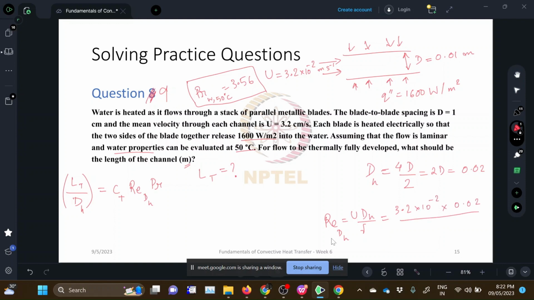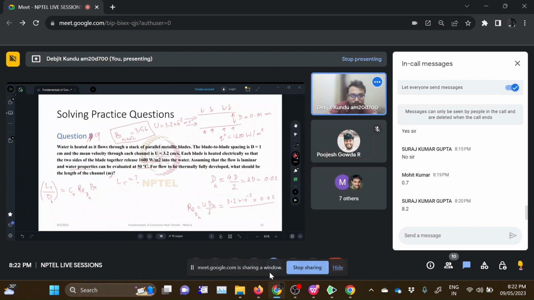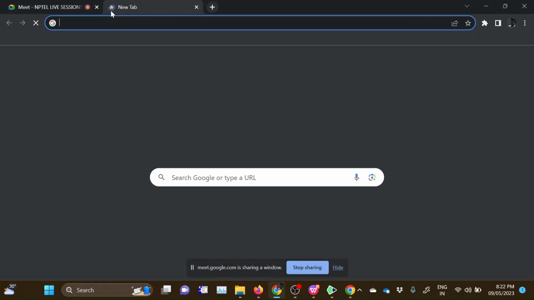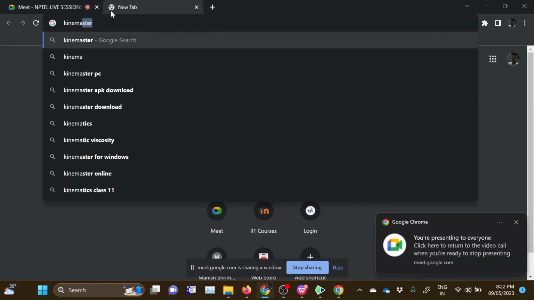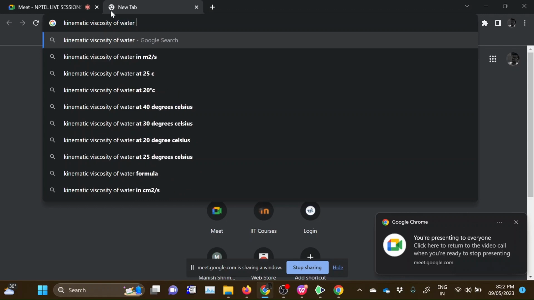Did someone look for the value of the kinematic viscosity of water at 50 degrees Celsius? Can you help me with the number? Okay, I'll quickly do a Google search of this. Kinematic viscosity of water.